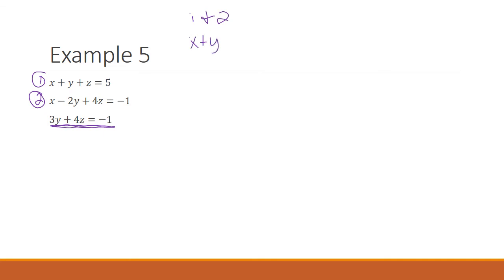X plus y plus z equals 5. And x minus 2y plus 4z equals negative 1. If we are already missing an x, then what I want to do is cancel out my x's when I combine these. So I'm going to multiply one of these by negative 1, so my x's will have opposite signs.